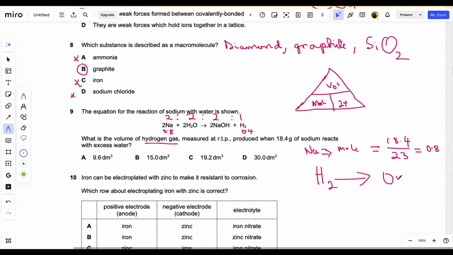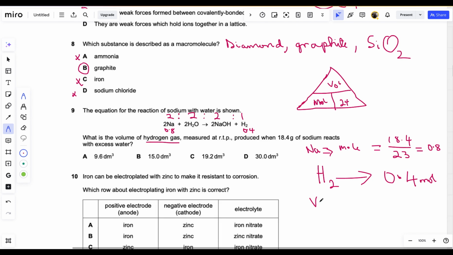So since you've calculated the mole of hydrogen to be 0.4 mole, to calculate the volume you use this formula: volume is mole times 24. So volume of hydrogen will be equal to the mole times 24 dm cube, at room temperature and pressure.